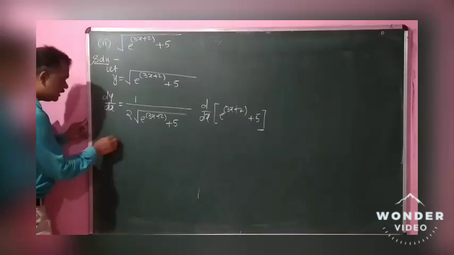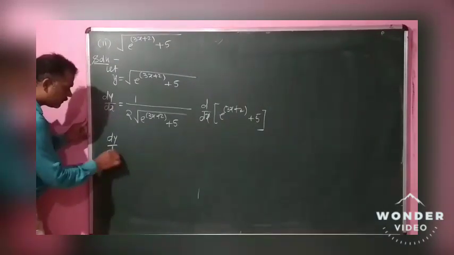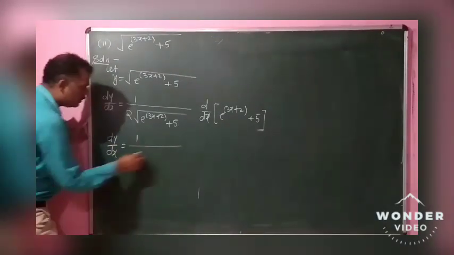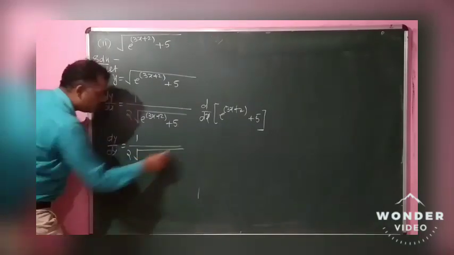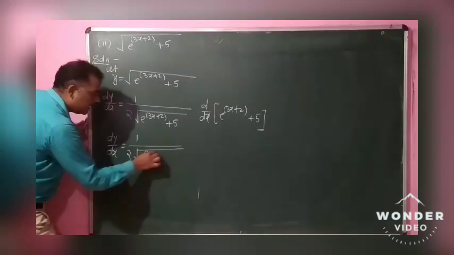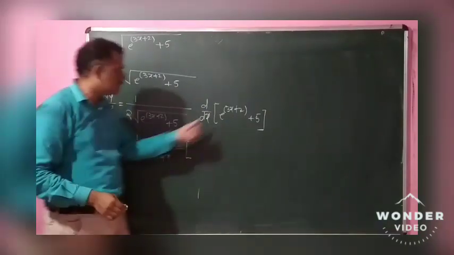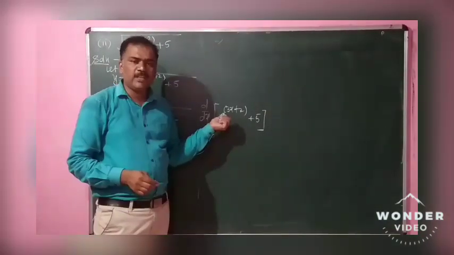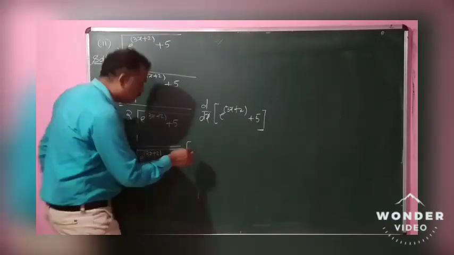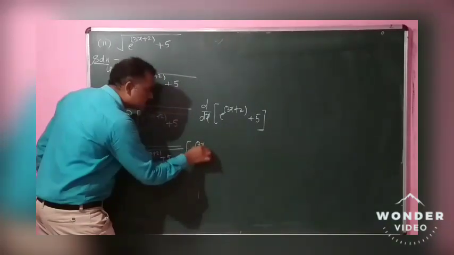That is dy by dx is equal to 1 upon 2 times square root of e raised to 3x plus 2 plus 5. Now we have to take the derivative of this one. We have to know that derivative of e raised to x is e raised to x, so we have to write e raised to 3x plus 2.